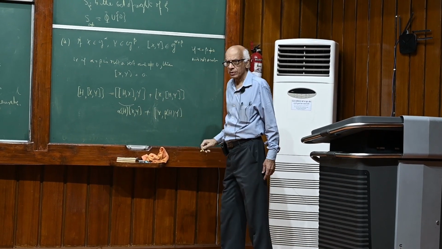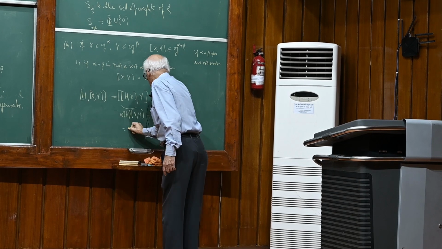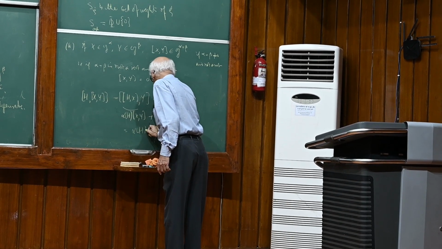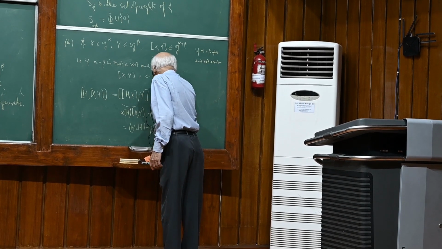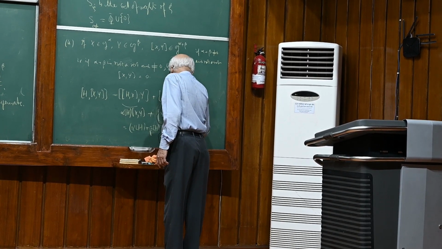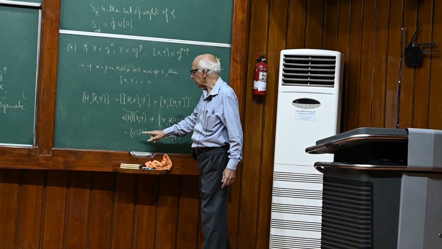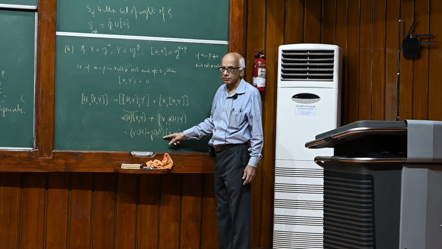This plus this gives you alpha(H) plus beta(H) times [X,Y]. So the bracket [X,Y] is an eigenvector corresponding to the linear form alpha plus beta.